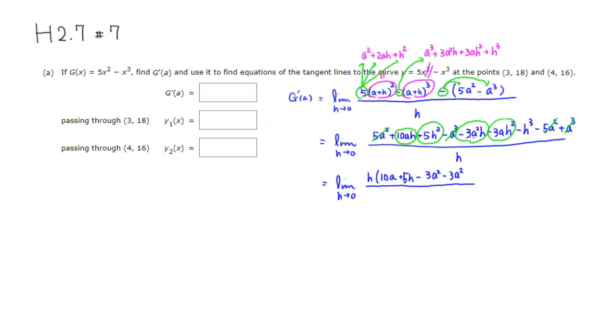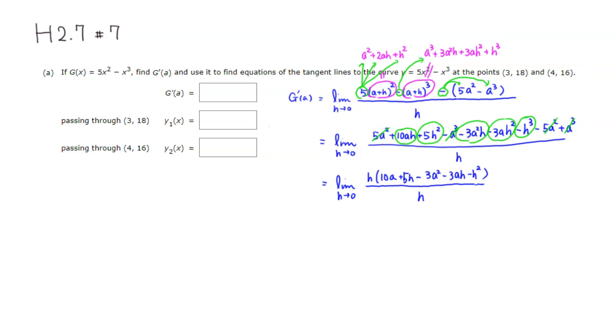And from the next term, you have a negative 3ah, or actually not squared, sorry, 3a and h. And if you pull h from here, we're going to have a negative h squared. That's everyone, and all over h.